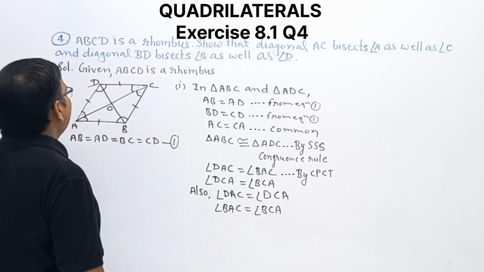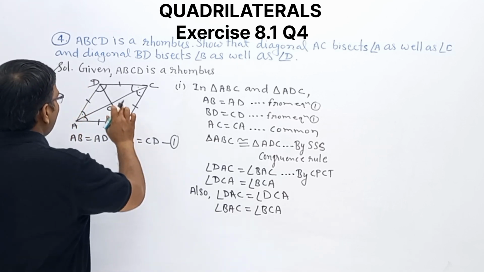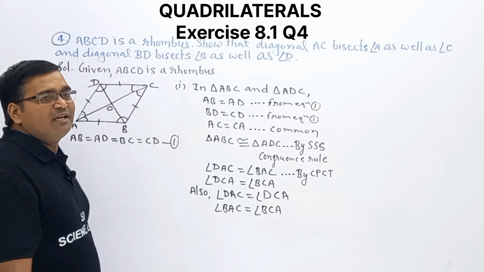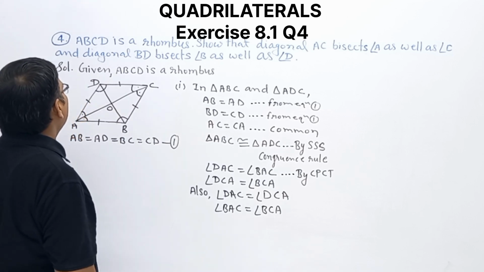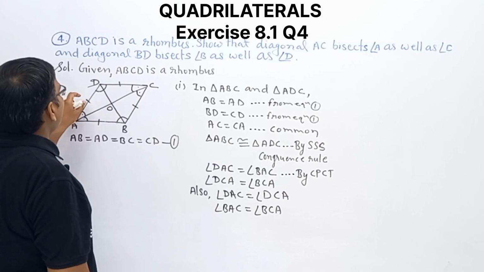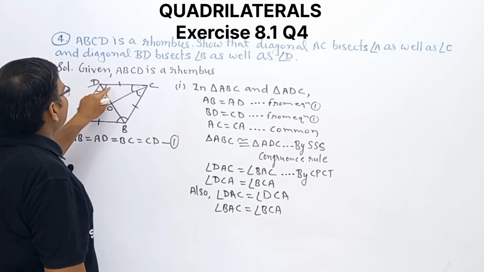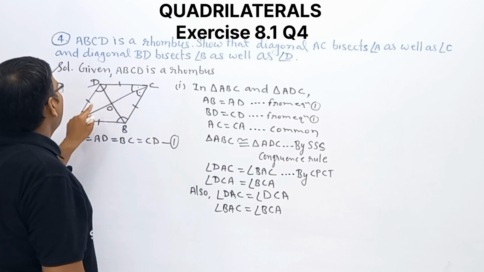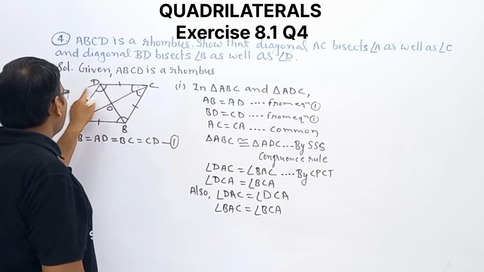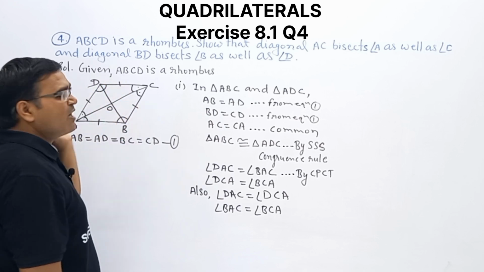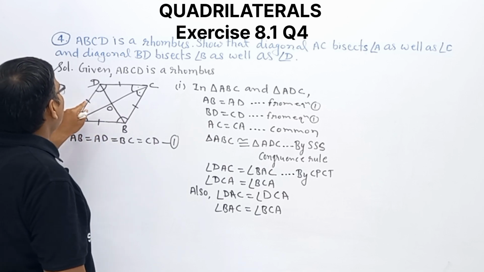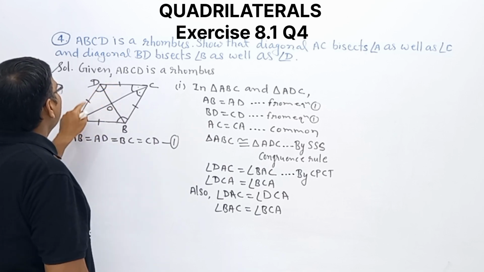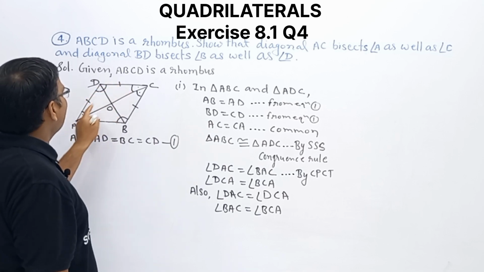We also know well, in a triangle two sides are equal, that one is called isosceles triangle. These are equal sides. This is the isosceles triangle, and this one is also an isosceles triangle. So in an isosceles triangle, equal sides opposite angles will be equal.